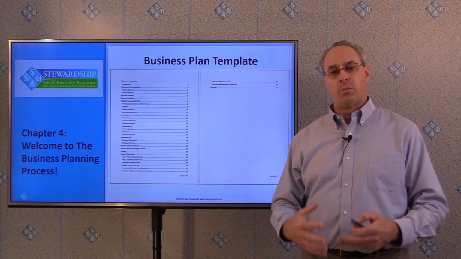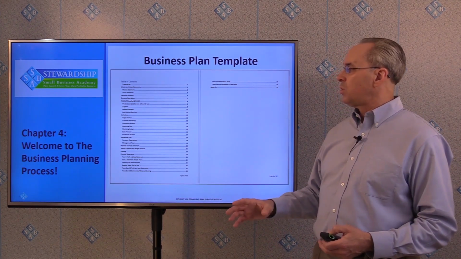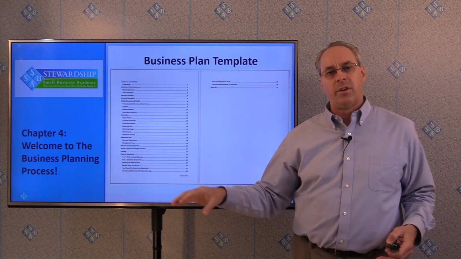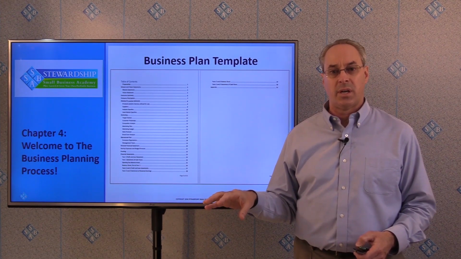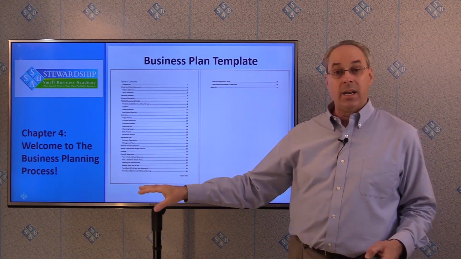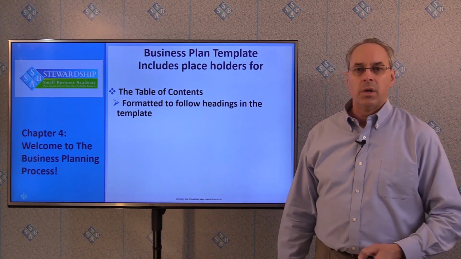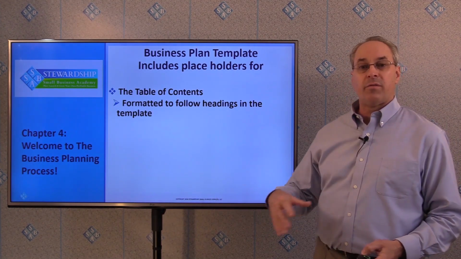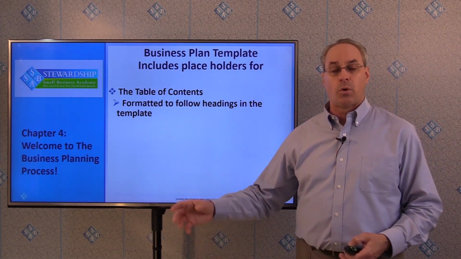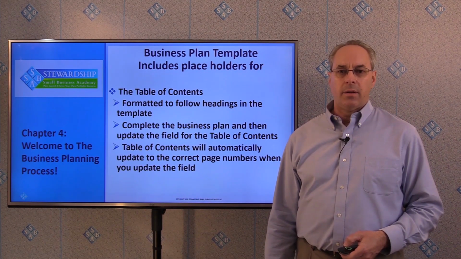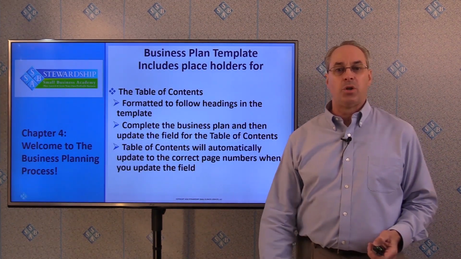And then as you complete it, we'll give you the instruction for it, but you can right click on this and it's going to give you a spot that you can update the entire template, and it will change the headings to whatever you've labeled the headings, and it will correct the page numbers. So it is right now formatted to follow the appropriate flow of information with the headings, and like I said, it'll also update the page numbers for you.